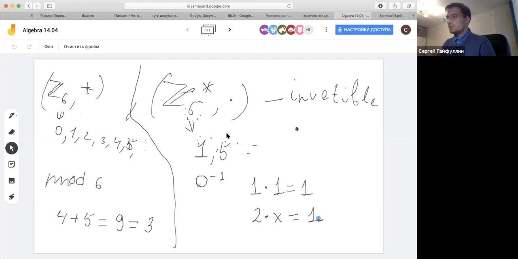So there are just two invertible numbers, 1 and 5. And the right group is of just two elements.